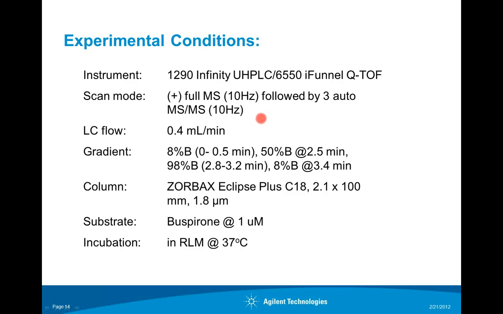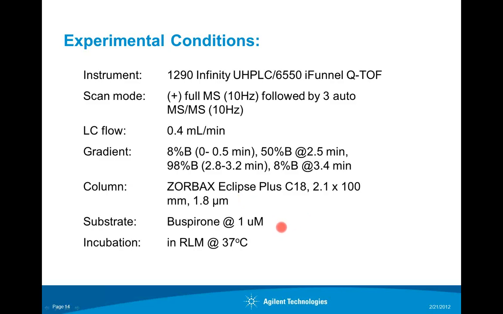This was optimized to achieve rigorous quantitation as well as maximum sensitivity. The LC flow is 0.4 milliliter per minute with a very generic gradient with a runtime of about 3.5 minutes. The Agilent C18 column was used for the separation.